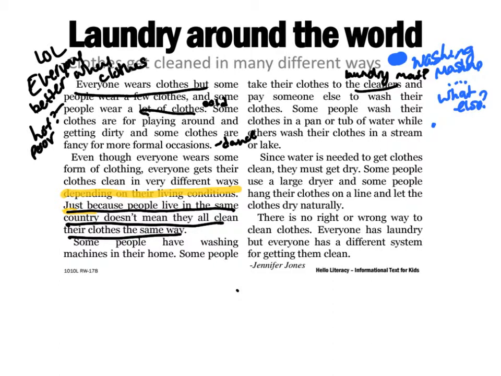Some people wash their clothes in a pan or tub of water, while others wash their clothes in a stream or a lake. Oh, remember how I said I was going to make a list? Let's see, what have we found? We have washing machines. We have, let's see, taking it to like a laundromat or a cleaner's.